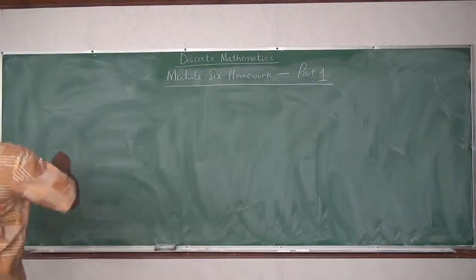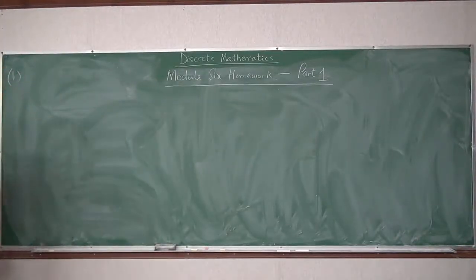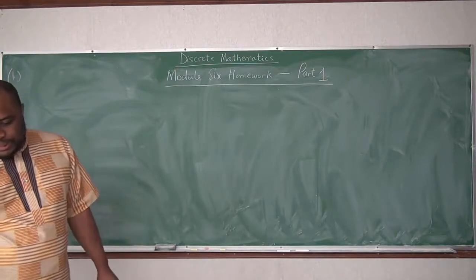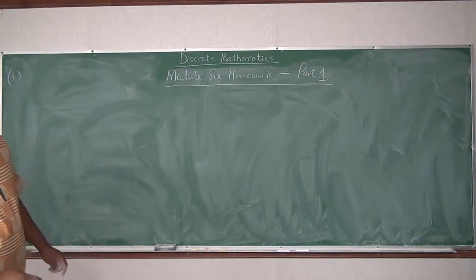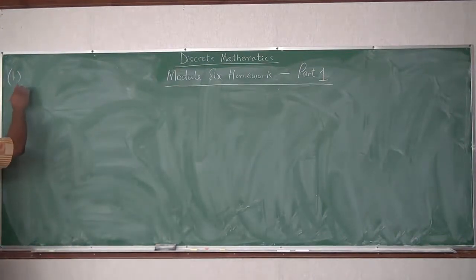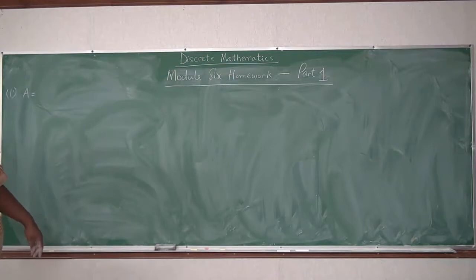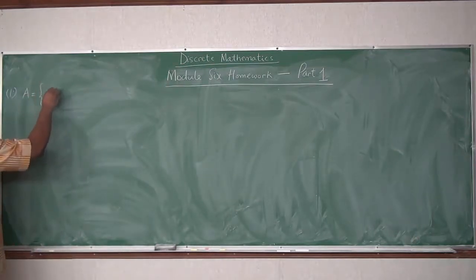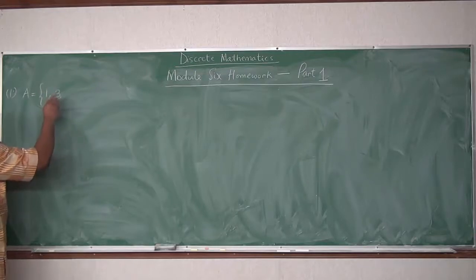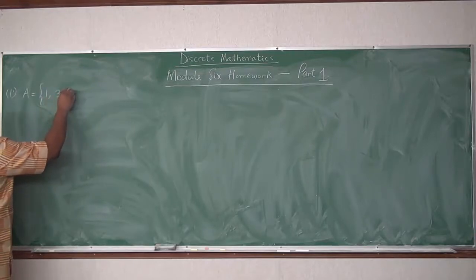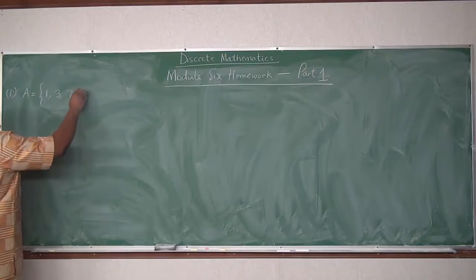Question 1. We have two sets here. A is 1, 3, 7, 10, 12.